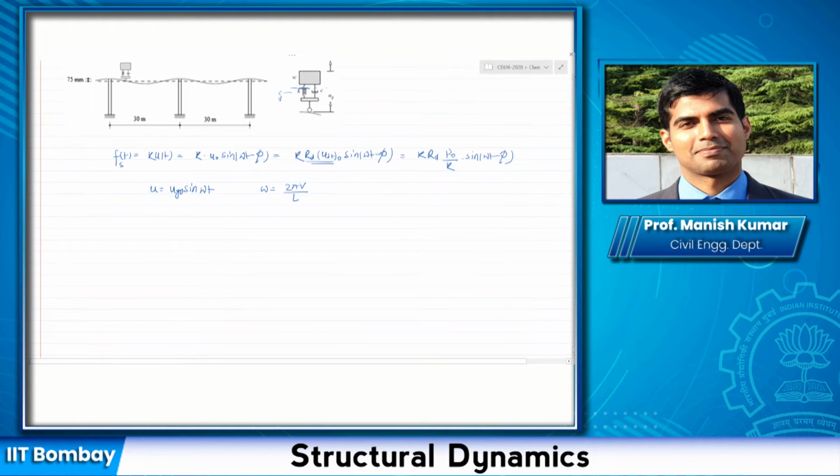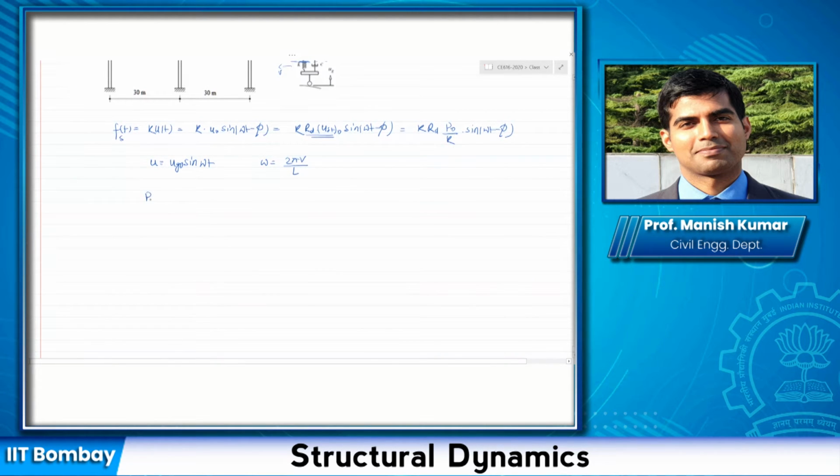And for a support excitation problem, you know that P effective is minus P naught sine omega t, or let us say positive, where P naught is minus m ug naught. This is how we write it. So I need to substitute that.